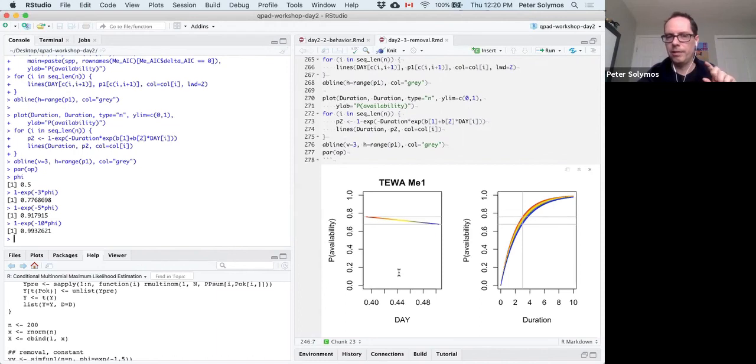So now, instead of looking at how phi varies over time, we look at how availability varies over time, and we see this relationship. In the coloring, early in the season you see red, later in the season you see blue, in between it's yellow.